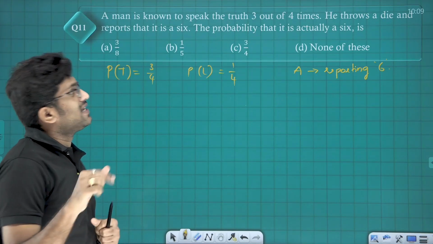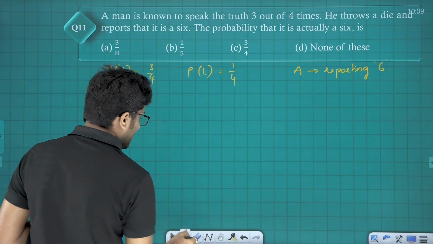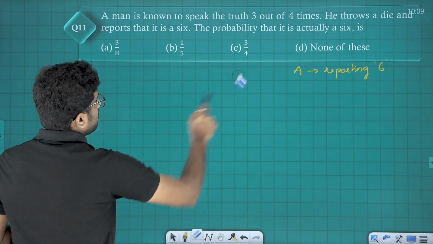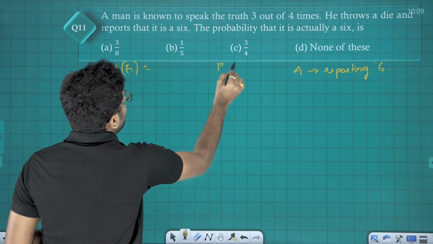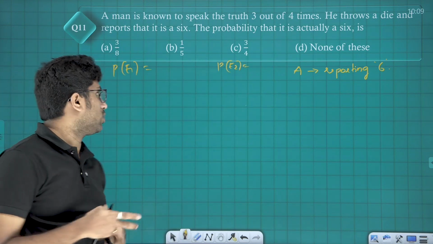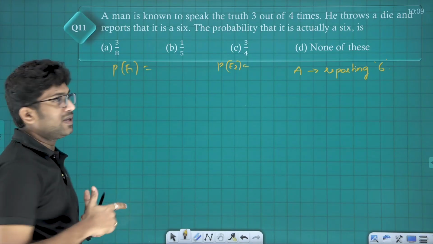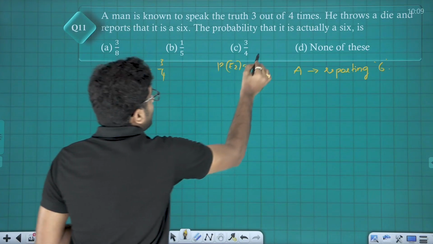The probability that it is actually 6, Bayes theorem. So by using Bayes theorem, let's take P of E1 and P of E2, friends, because till now we have taken the terminology of E1, E2 only. So let E1 denote an event of speaking truth, that is 3 by 4. E2 denotes an event of speaking lies, that is 1 by 4.